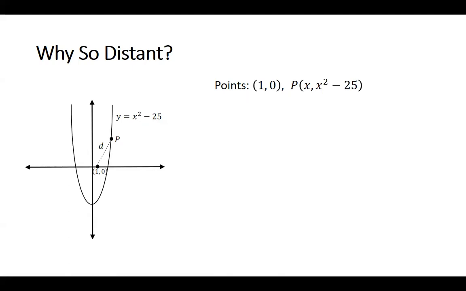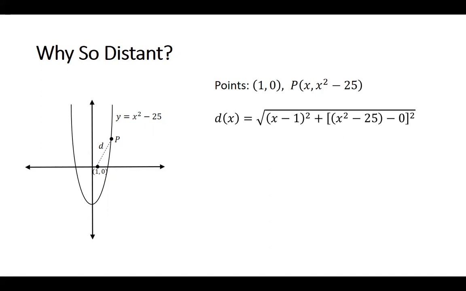Whenever you want to find the distance between two points, use the Pythagorean theorem. d is equal to the square root of the change in x squared plus the change in y squared, right? So that's what we're going to do. We're going to say d of x is equal to the square root of, well, we have x to 1, so x minus 1 squared, and y is x squared minus 25 minus 0, the quantity squared.